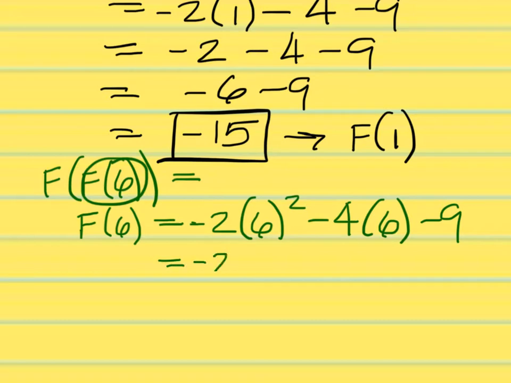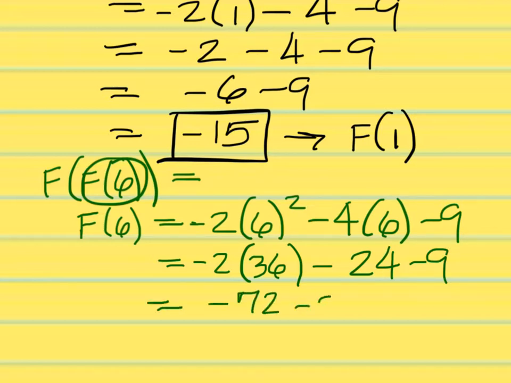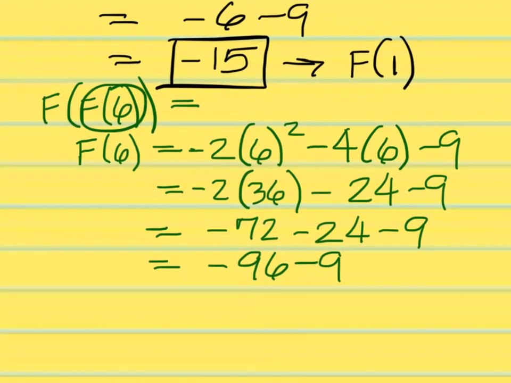And 6 squared is 36. 4 times 6 is 24. Negative 2 times 36 is negative 72. Negative 72 minus 24 is going to be a negative 96. And if I take away 9, I get a negative 105.